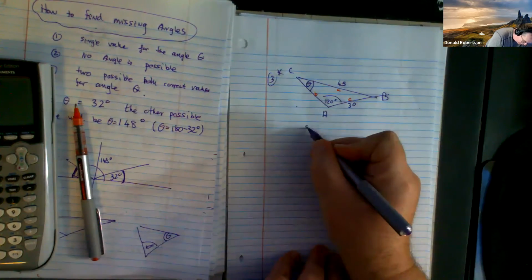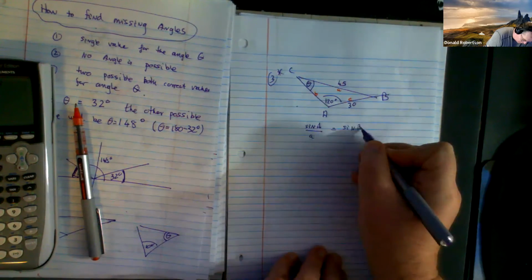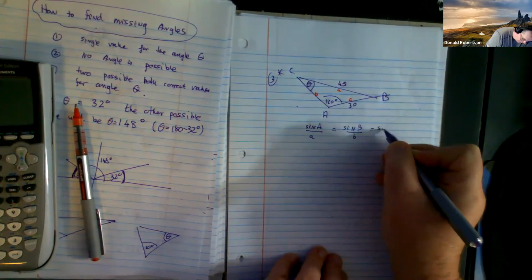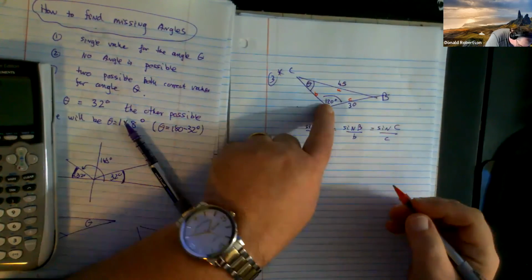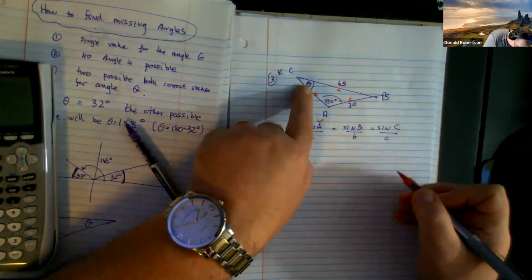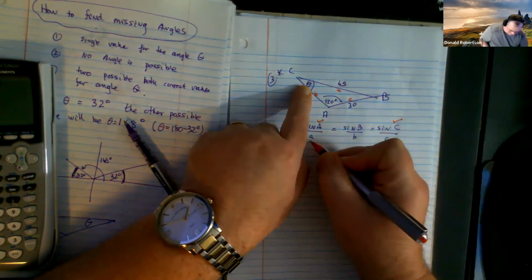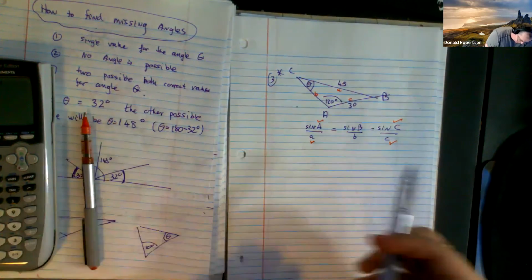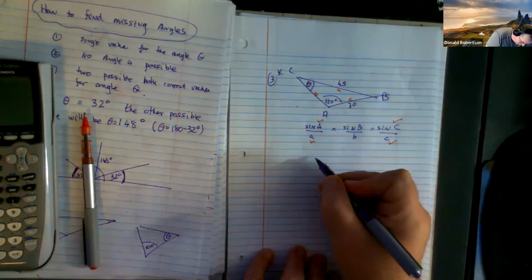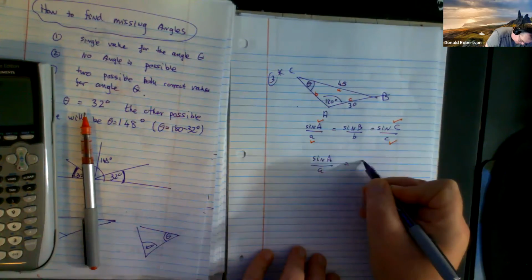I'll set up the sine rule. And I know angle A, check. I want to find C, check. I know little c, check. I know little a. Do you see it's A and C this time? Right, there's no confusion here. It has to be A and C. So sine of A over little a is sine of C over little c.